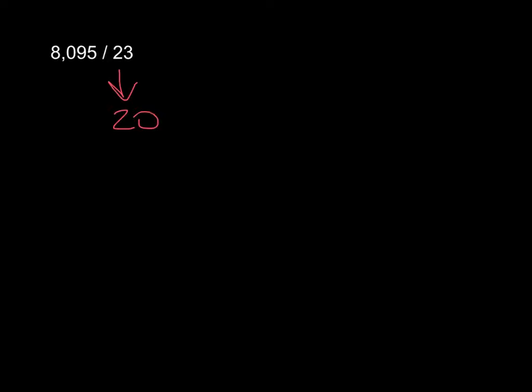Looking at our next number, we know that it's close to 8,000, so I'm going to round it down to that. And I know that I can do 8,000 by 20 pretty easily in my head. So first I'm going to copy the problem again, but I'm leaving some space.